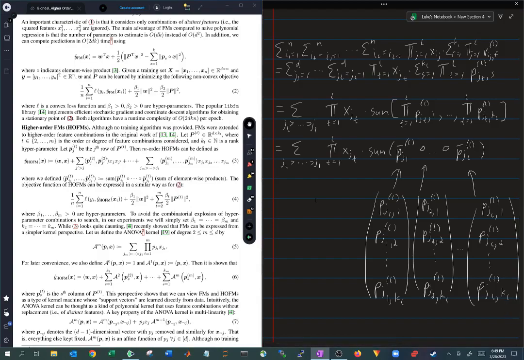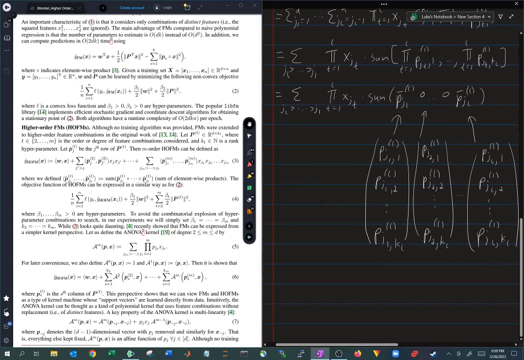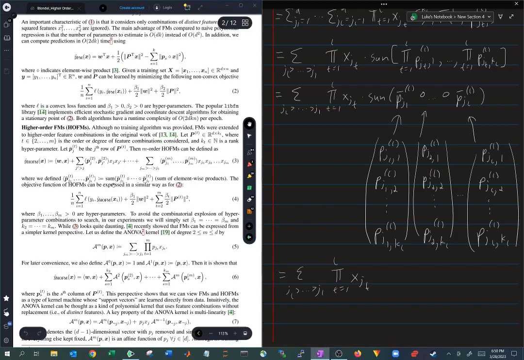But now, remember, what is this? This is precisely the sum for all jl greater than j1. We have all of this stuff from before, which hasn't changed. And now this sum, remember, by the definition, is equal to this sort of generalized inner product.